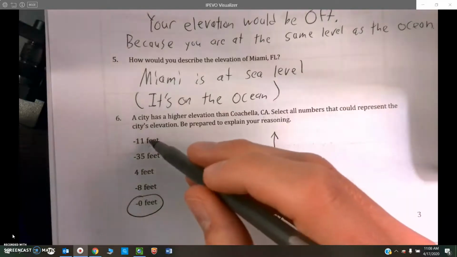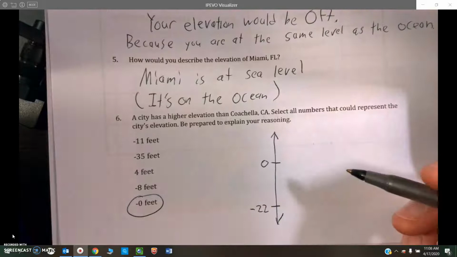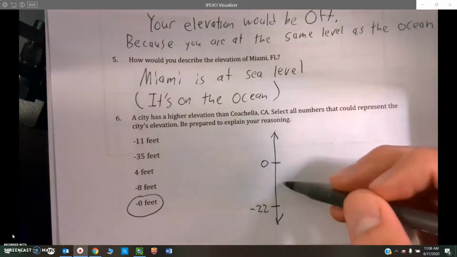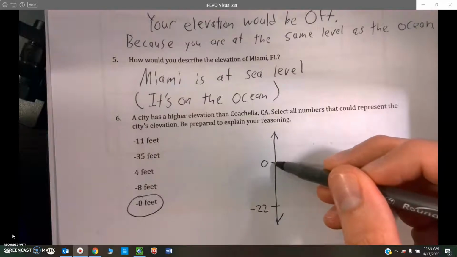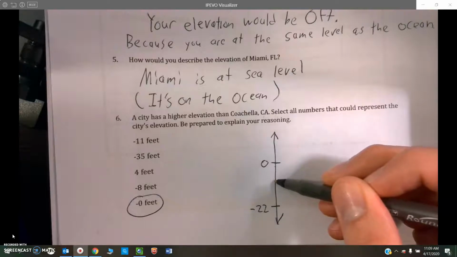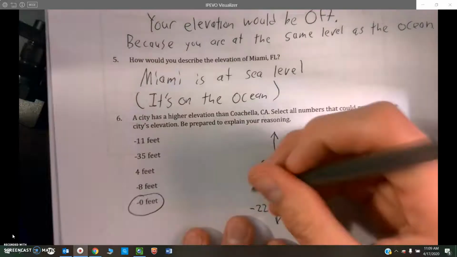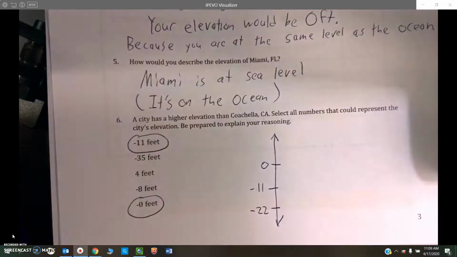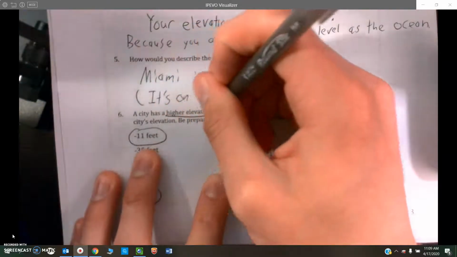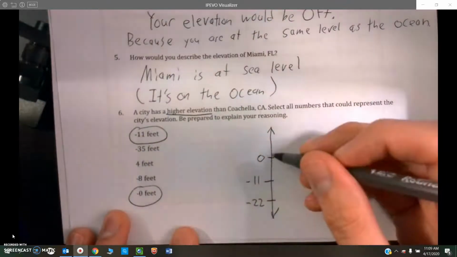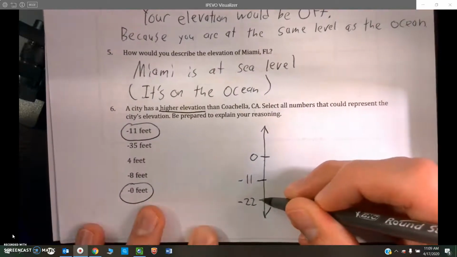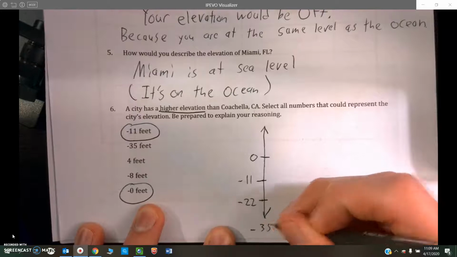Negative 11. Okay. So negative 11, is that up here or down here? So if this is sea level, this would be 1 foot below, negative 1, 2 feet below, 3 feet, 4. Negative 11 would be about here. And that is higher than negative 22. Negative 35. So if this is 11 feet below sea level, this is 22 feet below sea level, negative 35 would be somewhere down here.